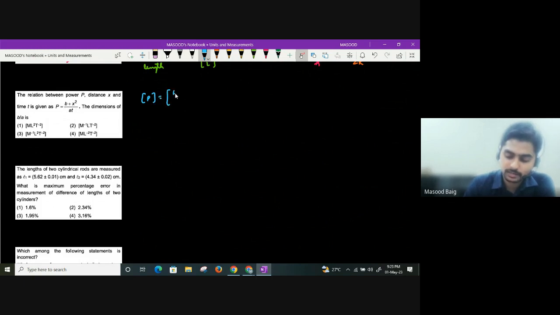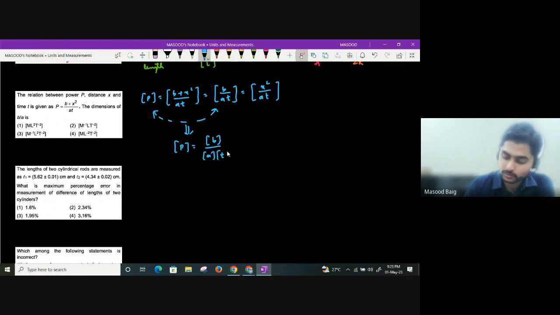I can write this as (b plus x square) divided by a into t, which can also be written as dimensions of b divided by dimensions of at, or dimensions of x square divided by at. If you take these two, dimensions of power will be equal to dimensions of b divided by dimensions of a into dimensions of t.